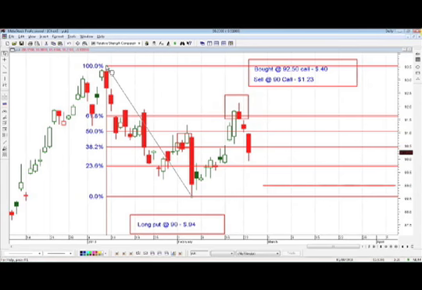So I was looking at basically the high to the low here that occurred, the low on the 4th. So we hit the 61.8, and I would identify that as potential resistance, and then be looking for the downside.